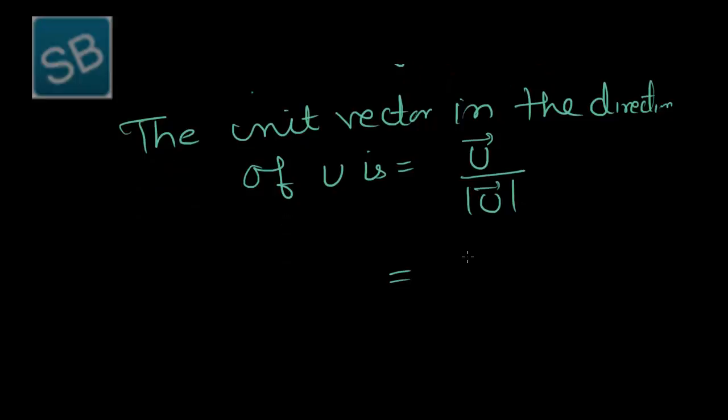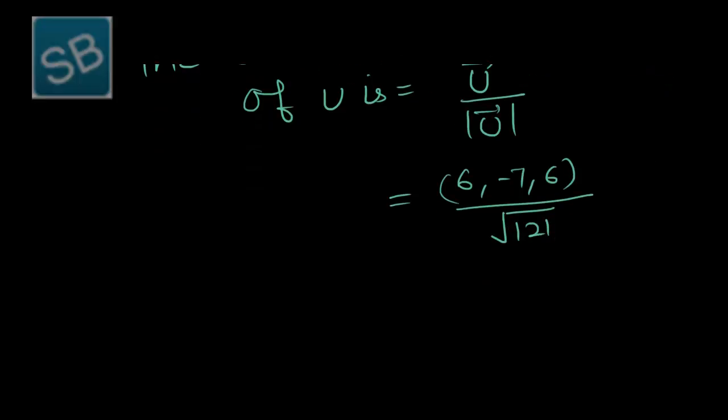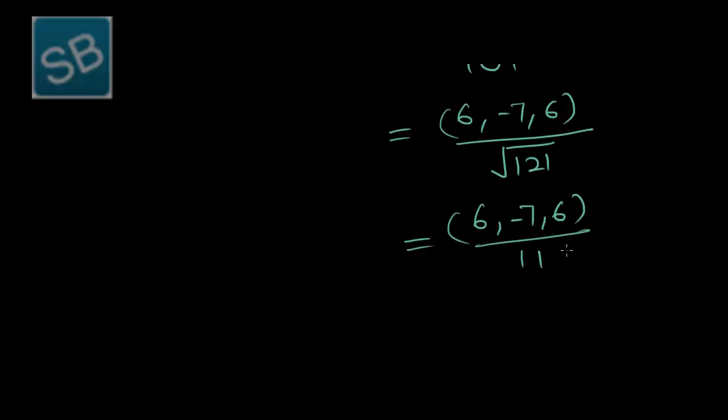So vector u is 6, minus 7, 6 over magnitude 11. So the unit vector in the direction of u is 6 over 11, minus 7 over 11, 6 over 11 as the components.